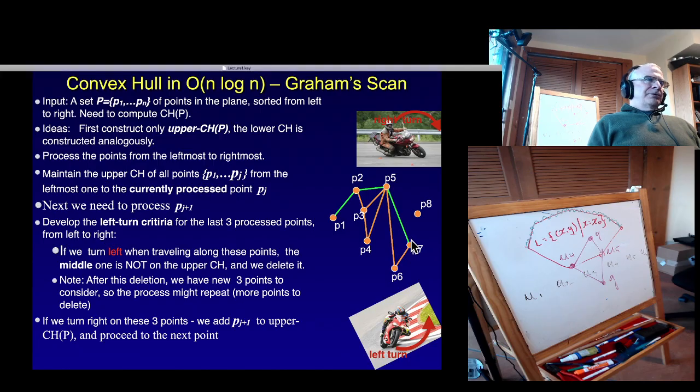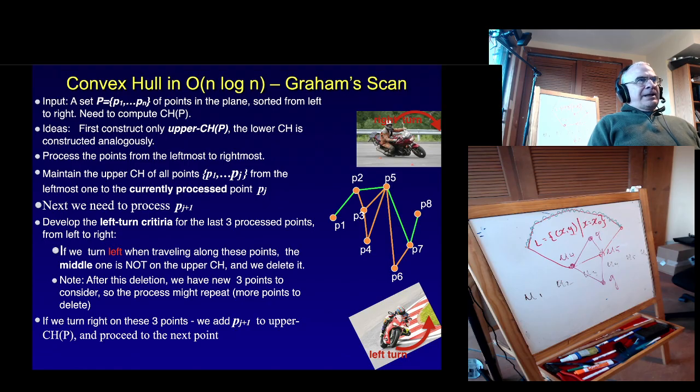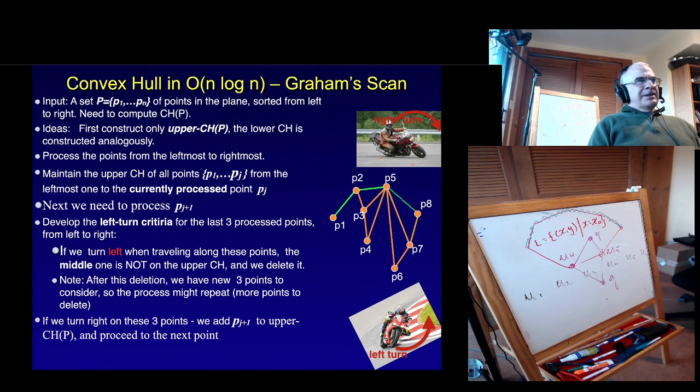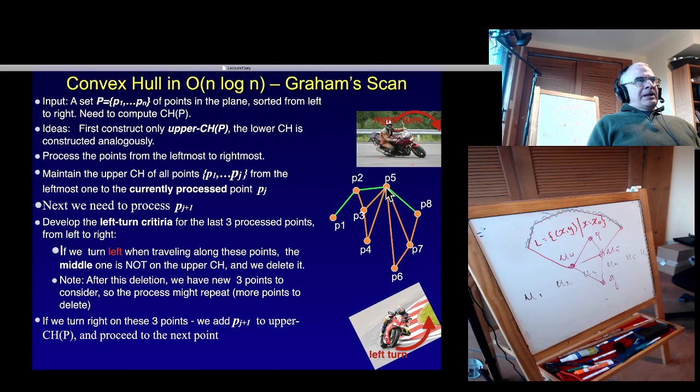At this point, I'm turning right, safe to add P8, but P8 caused P7 to be deleted because I'm turning left. Let's delete P8, P7, and voila, on my way from P1 to P8, all my turns are right turns, implying that the green thing is the upper convex hull.